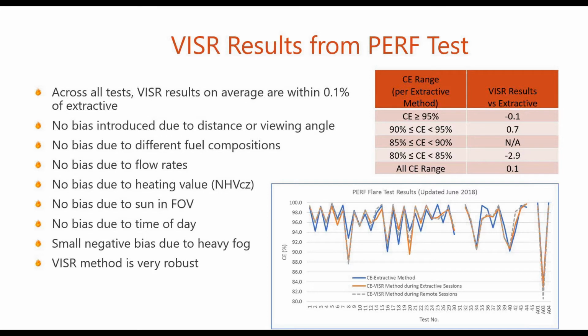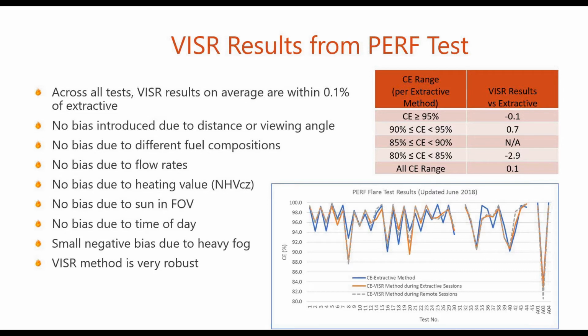And then as the combustion efficiency drops, our accuracy relative to the control method, the extractive method, is reduced. So we're very high accuracy for the upper combustion efficiency range, which is where you're going to be with your compliance point. And then as CE drops really low, less than 90%, our accuracy starts to suffer.